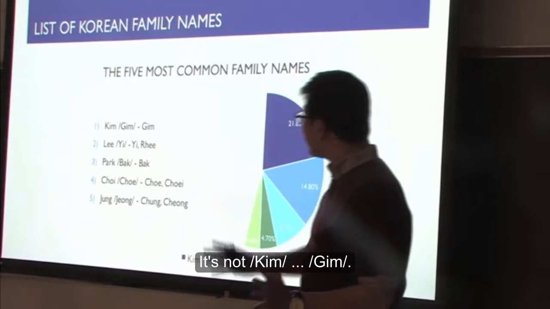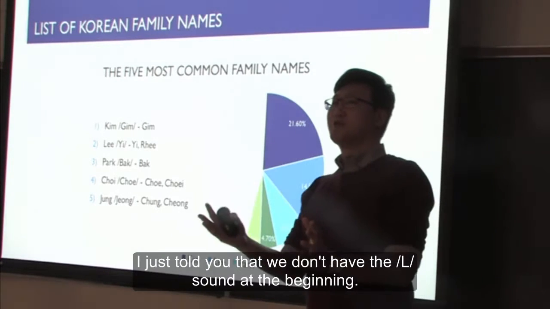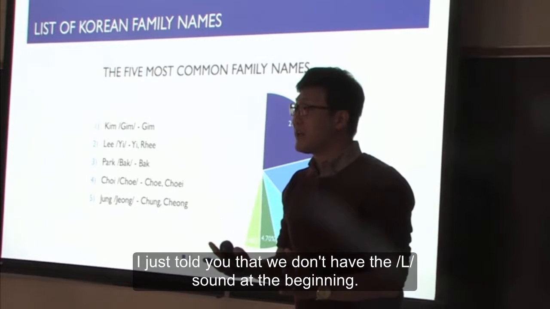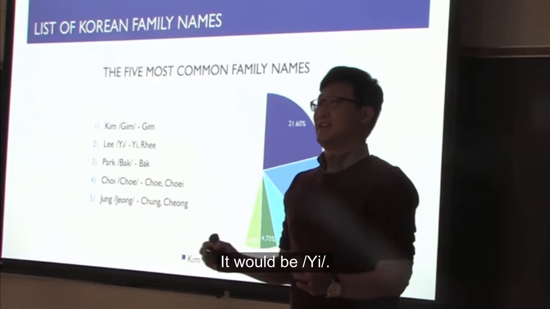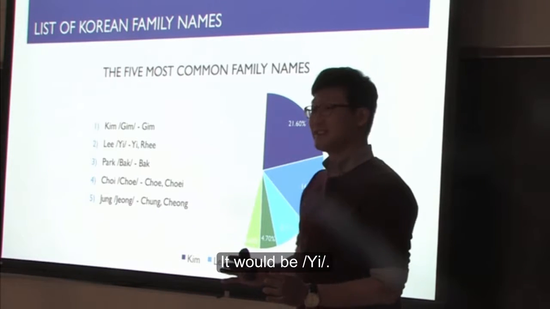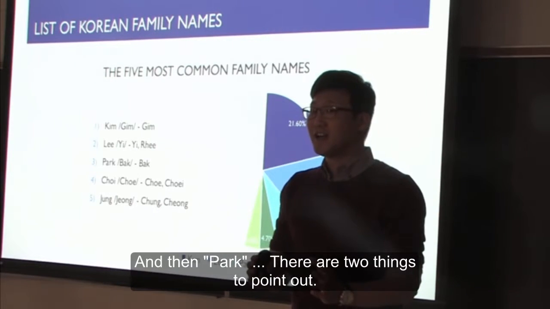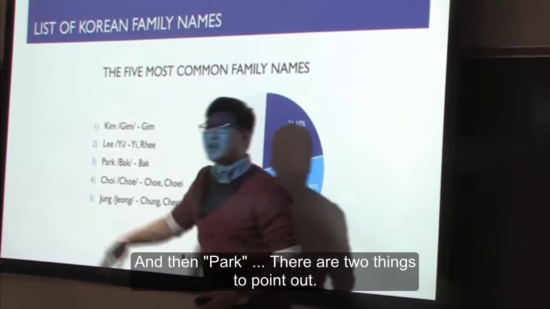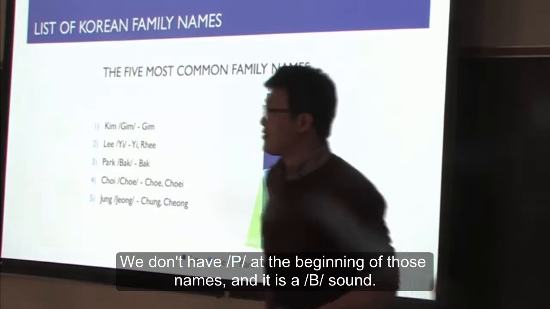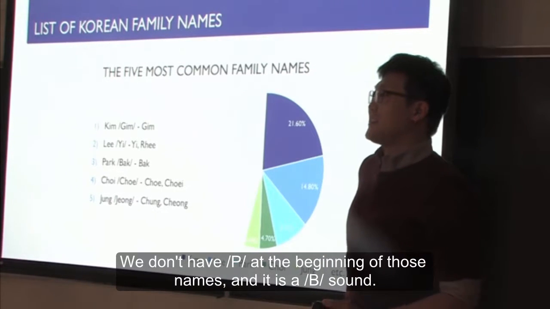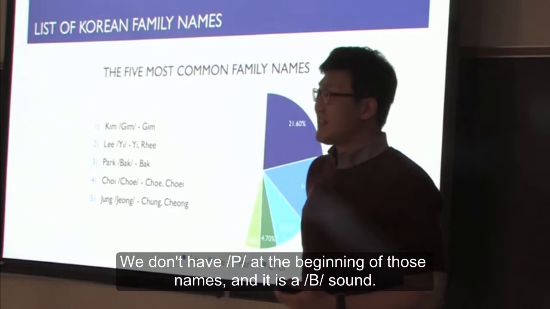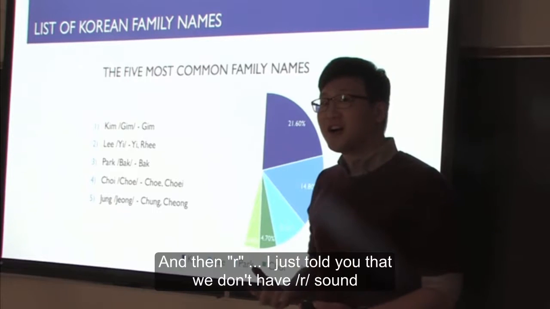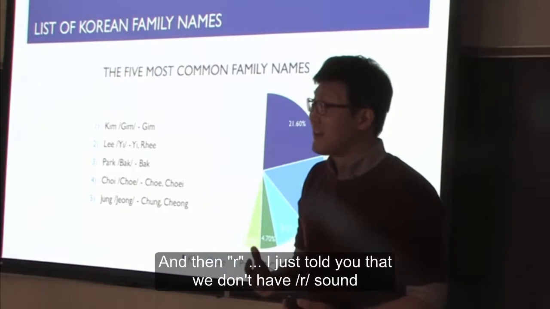So Lee, I just told you that we don't have the L sound in the beginning. It might be E. Yes. And then Park, there are two things I want to point out. We don't have P in the beginning of the name. Again, it has to be a B sound. And then R, I just told you that we don't have an R sound.